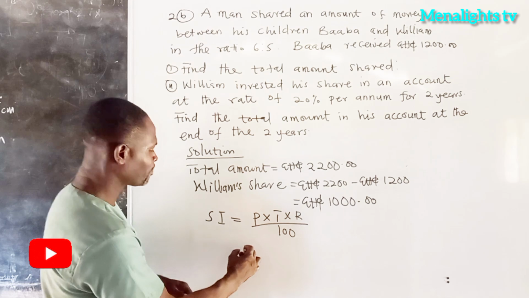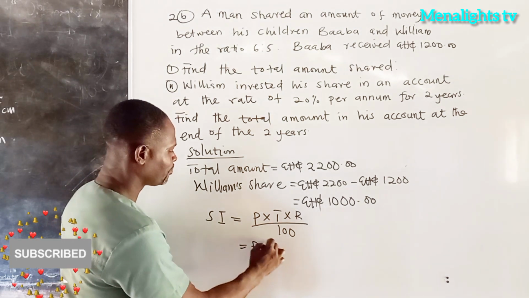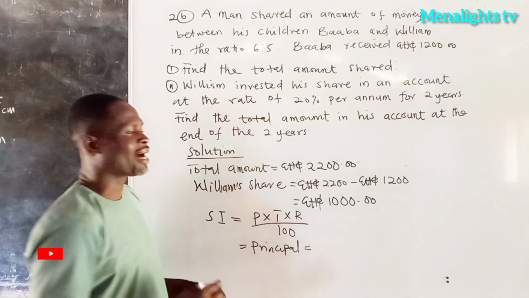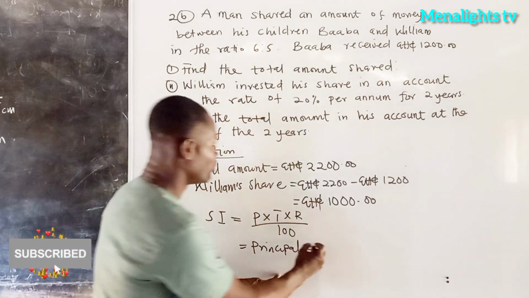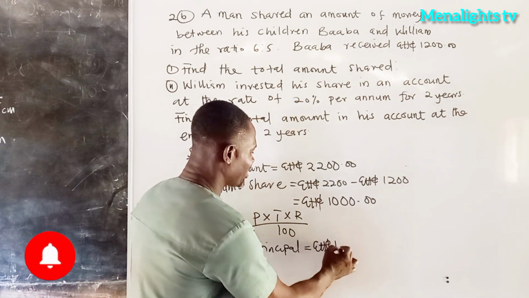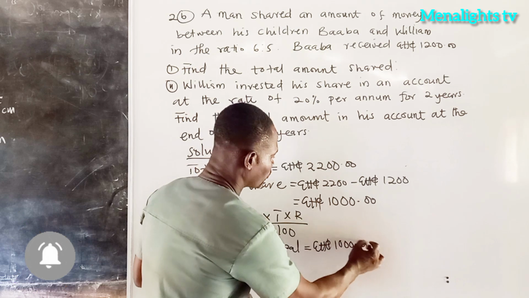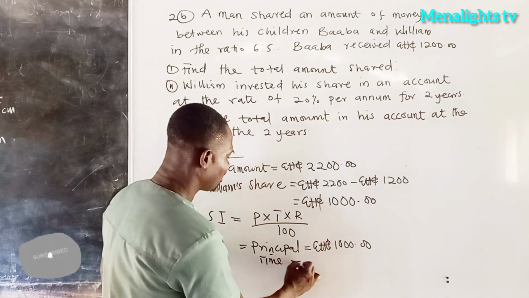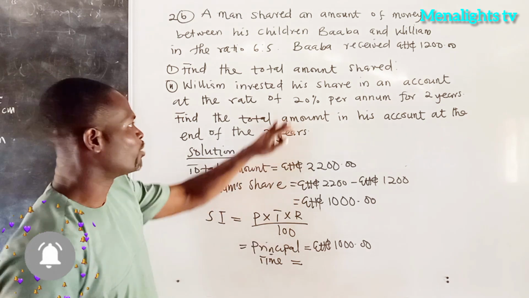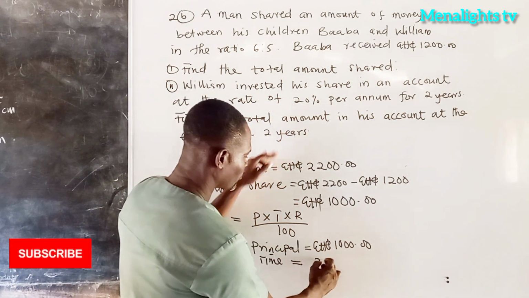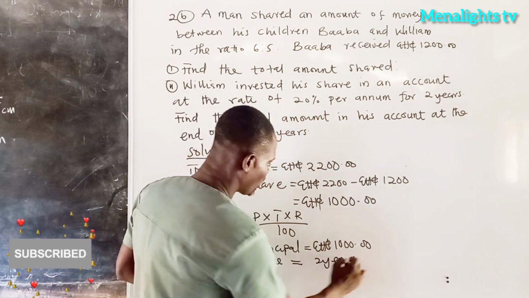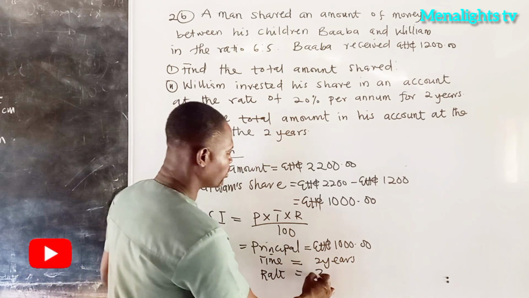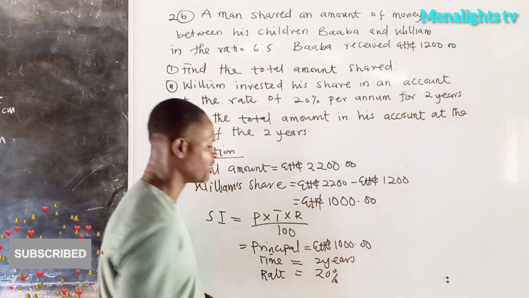So when you look at this, the principal is the same as the amount that William invested. So our principal is 1,000 cedis. The time that the money will be at the bank is 2 years, at a certain rate, and the rate here is what? 20%.